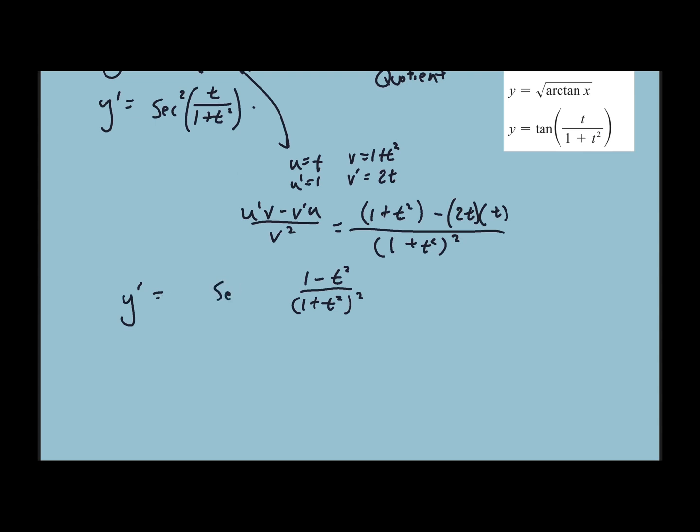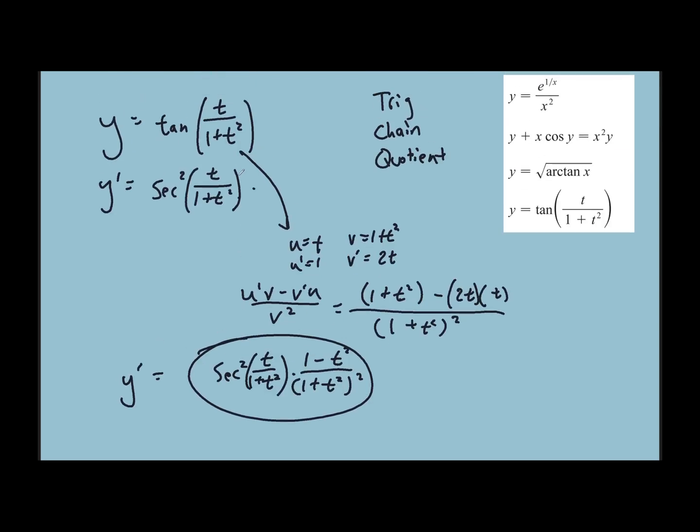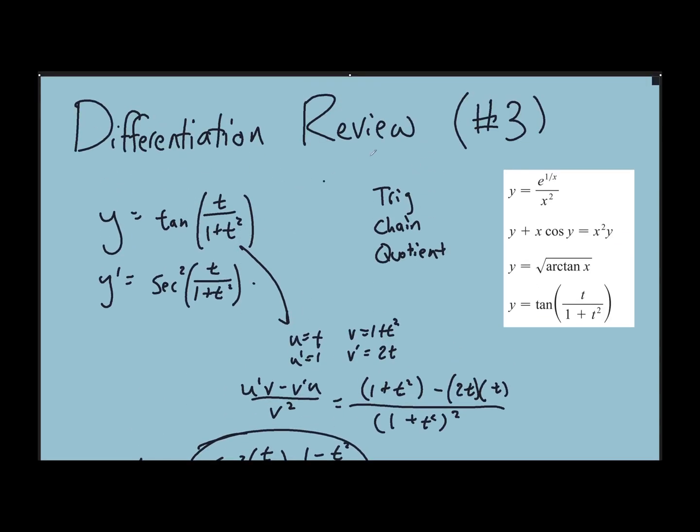We'll say secant squared of t over 1 plus t squared right in front like that. That'll be our answer right there, I'm pretty sure. Let me have a quick look. Yeah, I believe that is the correct answer. So these four are actually pretty fast whip through. Let's move on to the next block of problems.